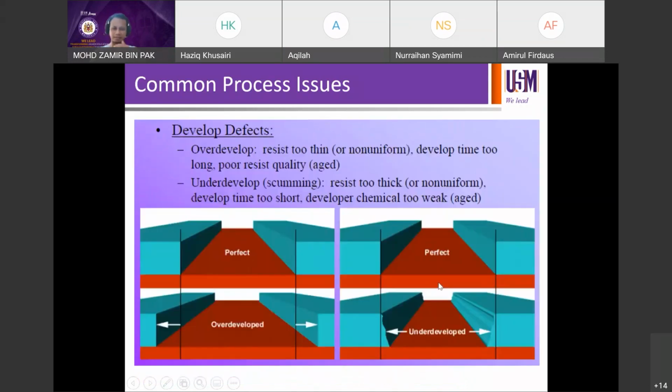Misalignment is just one among the other issues. Develop defects, for example. Let's have a look at this. If you have a perfect CD, it will look something like that. Say you want to measure here. The CD can be measured in the space, the empty area, or you can measure the CD in the line itself.